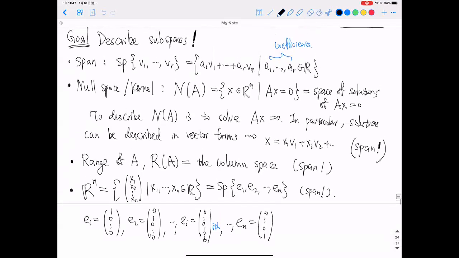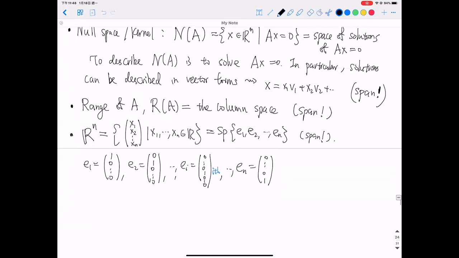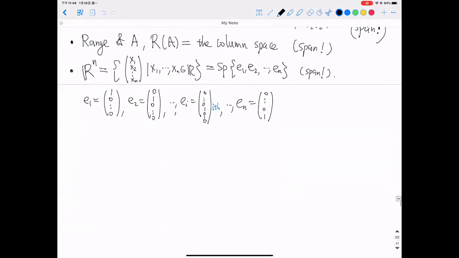So for the purpose of describing subspaces, maybe what we want to try to do in general is to describe subspaces as spans.